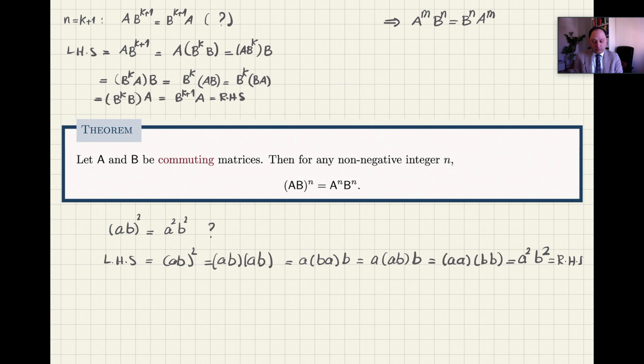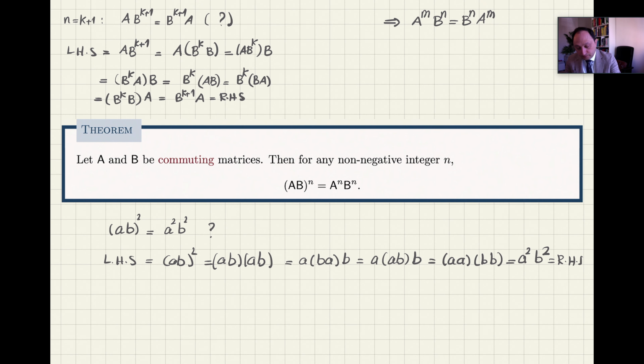Most of the time, if you start with two non-commuting matrices and let us take n equal to 2, you calculate the product and then raise it to power 2, and then you calculate each one of these second powers and multiply them, and you will see that they are not equal. But of course if A and B are commuting matrices, this is indeed true.